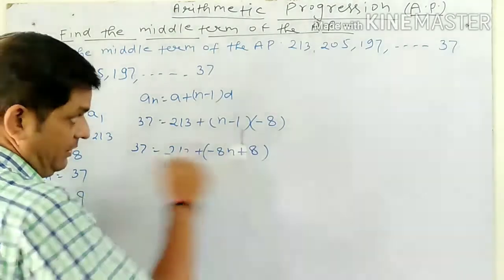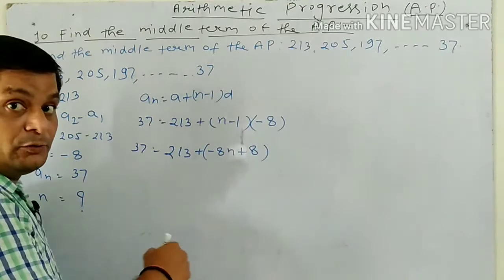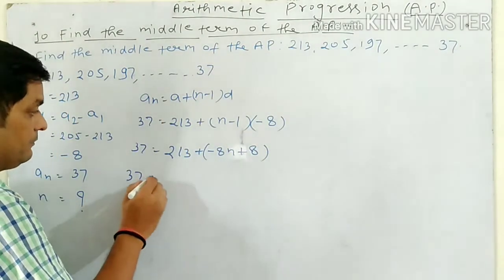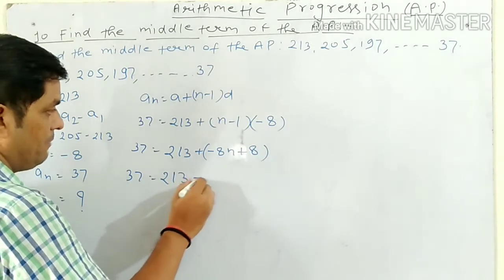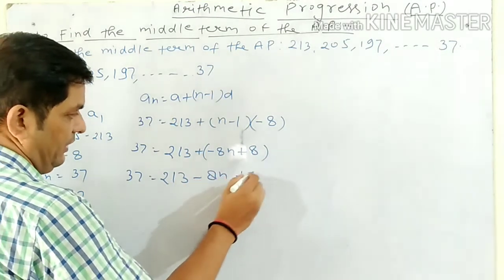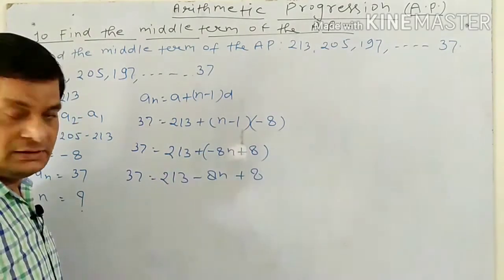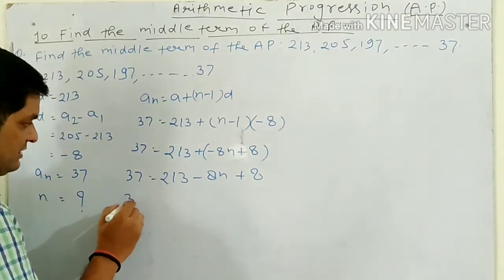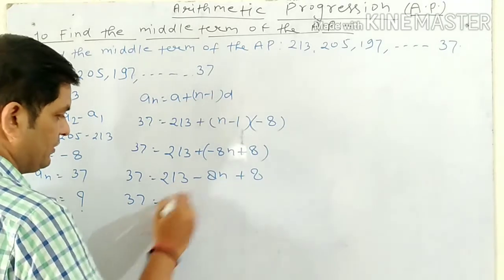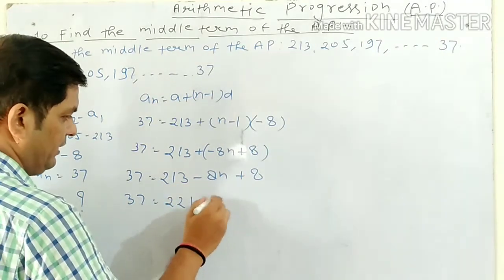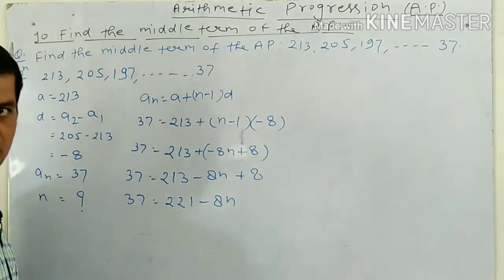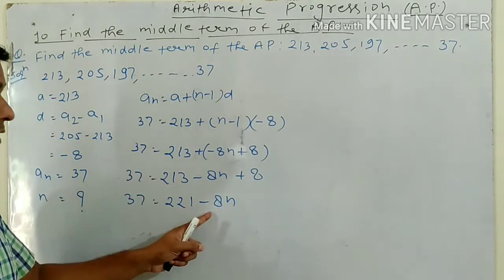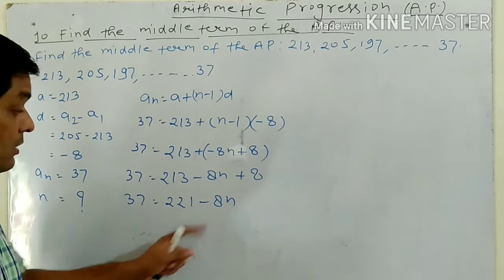It is a very important point because most students make a mistake here. Now 37 equals 213 minus 8n plus 8; open the bracket, the sign will not change. Now 213 plus 8 is 221 minus 8n.